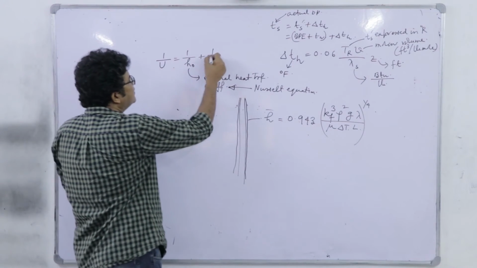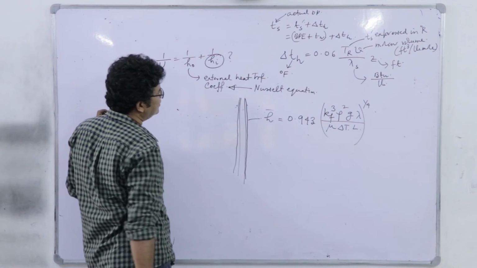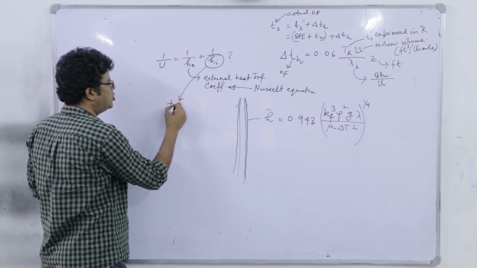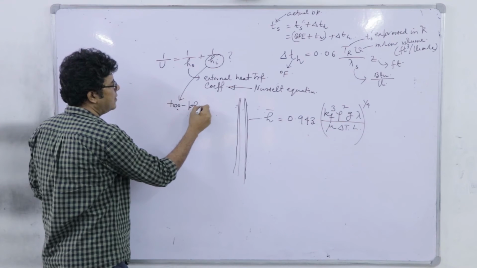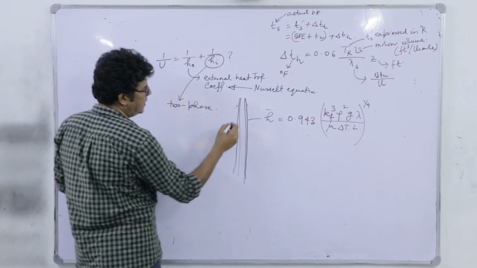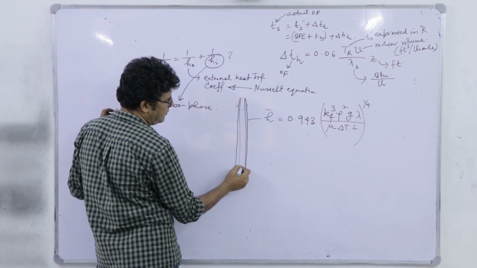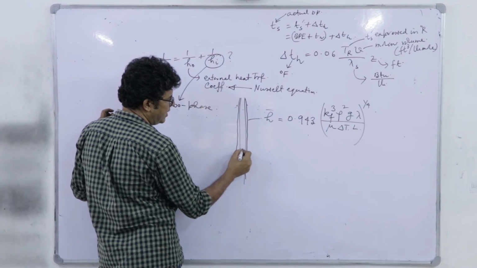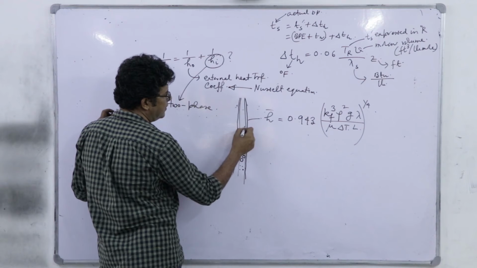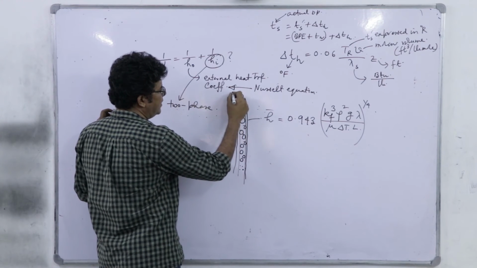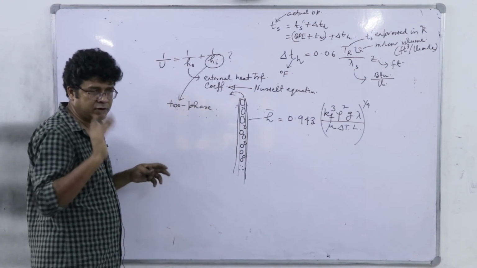So huge uncertainty is in question because of h_i. Why? Because it is a two-phase flow, right? Internal to the tube we have small bubbles, then larger bubbles, mostly these larger bubbles, sometimes vapor slugs, being released for a short tube vertical evaporator maybe.